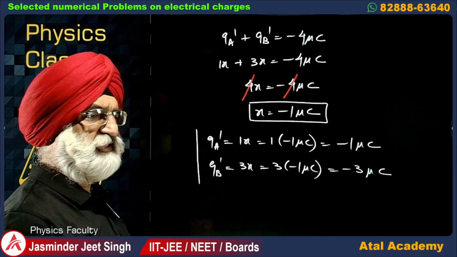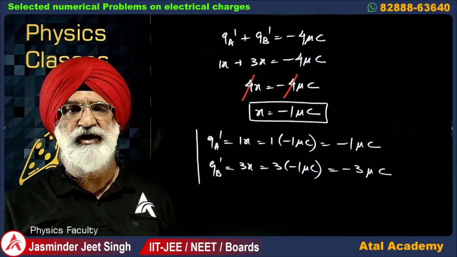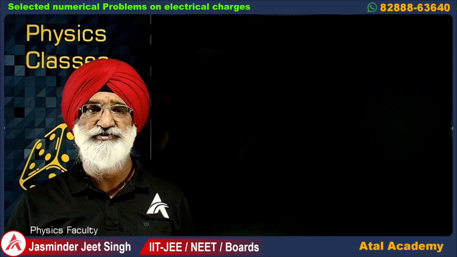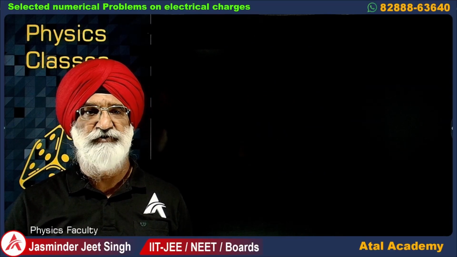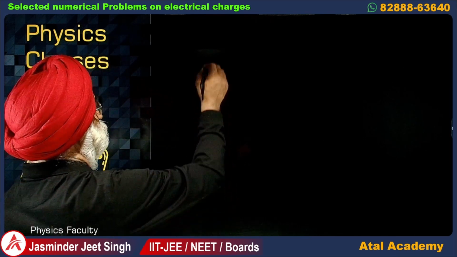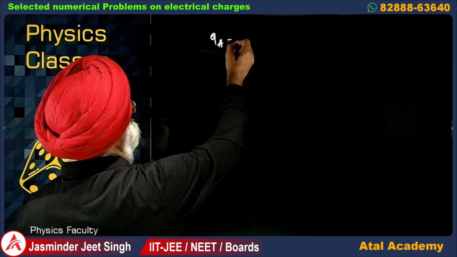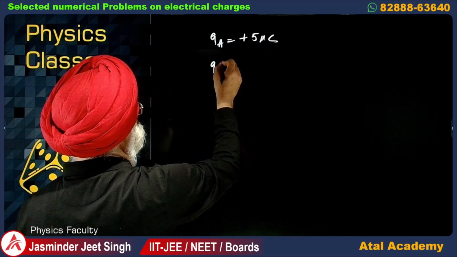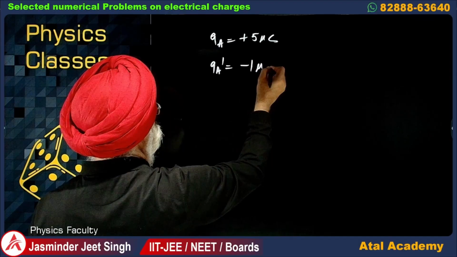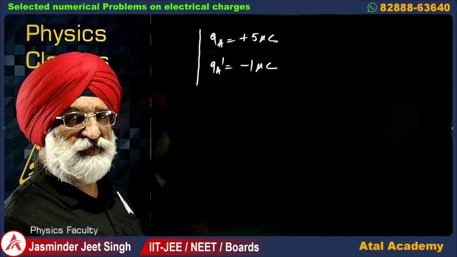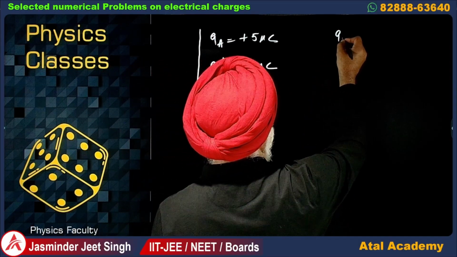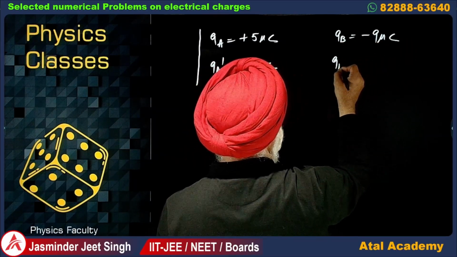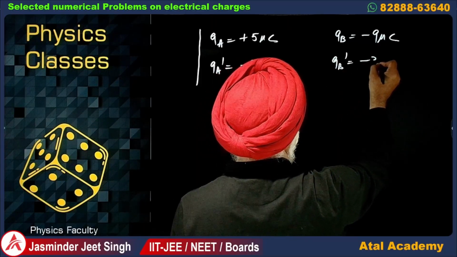These are the final charges on conductor A and on conductor B. Now, the charge is being transferred from which body to which body? The initial charge on conductor A was plus 5 microcoulomb, and the final charge on conductor A is minus 1 microcoulomb. The initial charge on conductor B was minus 9 microcoulomb, and the final charge on conductor B is minus 3 microcoulomb.